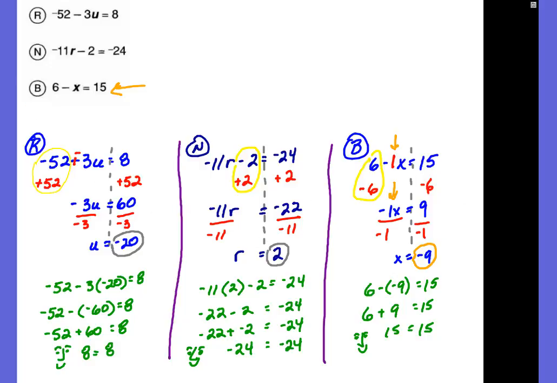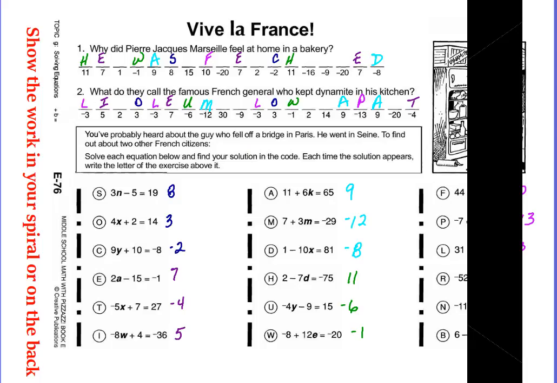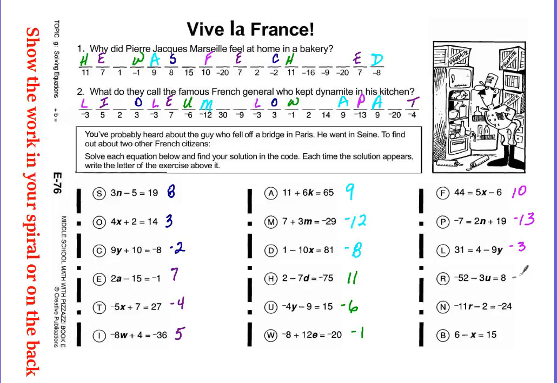-20, 2, and -9. So to the puzzle, -20, 2, and -9. Every -20 is going to be an R. It seems like I saw several of those. There's an R. There's an R. There's an R. Any more R's?